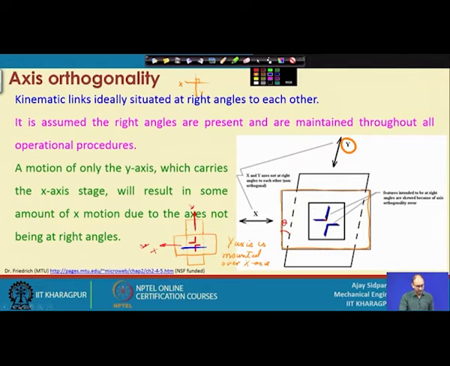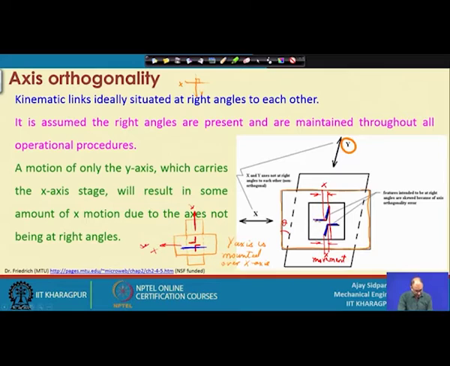There is one problem, because when you draw a line from here to here and from here to here, it has a movement in the x axis also. Now, if you see this, this is the x movement, correct.